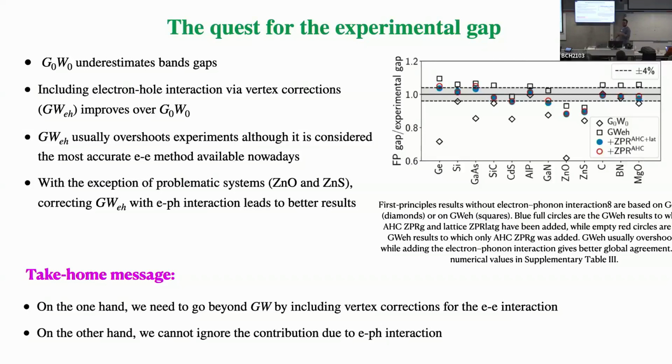Because GW equations are formulated at clamped ions. And then when you have to go beyond, to take into account that ions are moving, then you have zero point renormalization and temperature effects, because these temperature effects come when you start to populate phonons, not electrons. But as long as your gap is larger than KT, the electronic degrees of freedom are not affected.